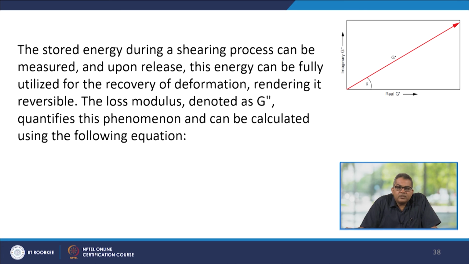And the loss modulus, denoted by G double prime, quantifies this particular phenomenon and can be calculated using a different equation. Now, G double prime is equal to tau naught over gamma naught sine delta.